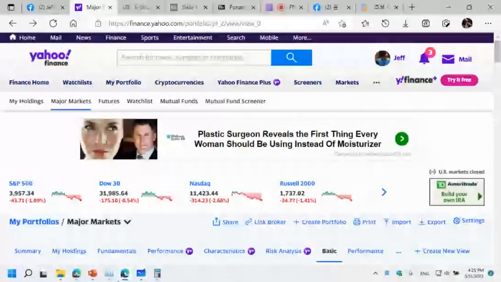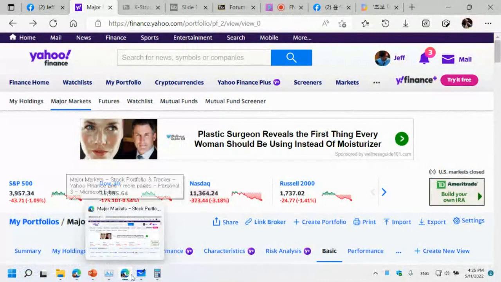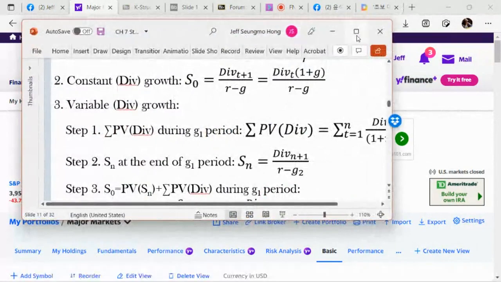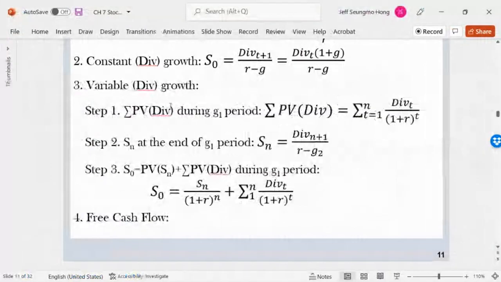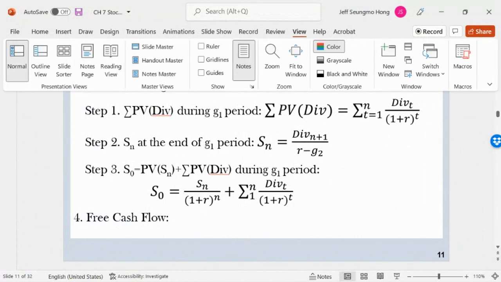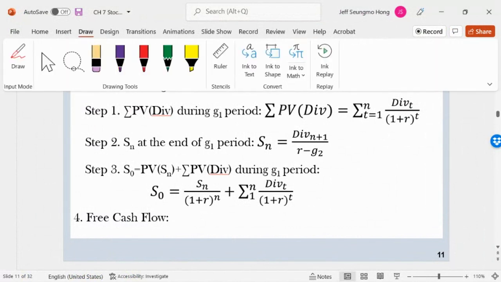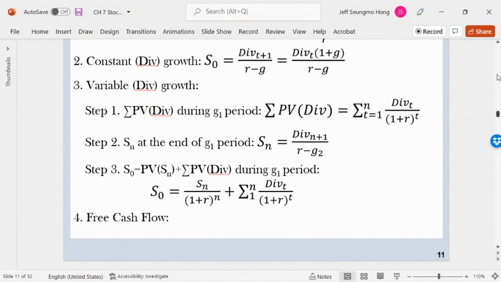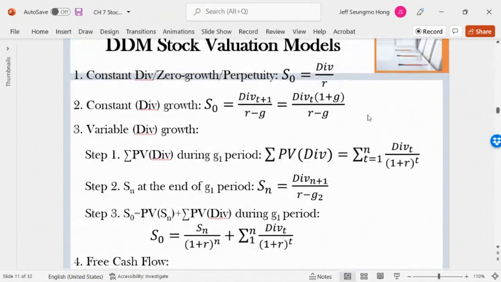Now, second, how do we get to this? I mean, where did this G come from? The constant growth model or Gordon growth model, right?